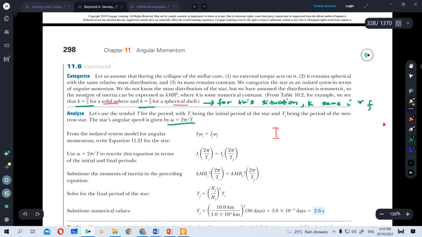Now, note that the expression can be generally written as kmr squared, where k itself could be 2 over 5 or could be 2 over 3. But nevertheless, it's still, let's say that becoming solid perhaps, okay? So if it's a solid, therefore we expect that this is 2 over 5 from the conservation of angular momentum.